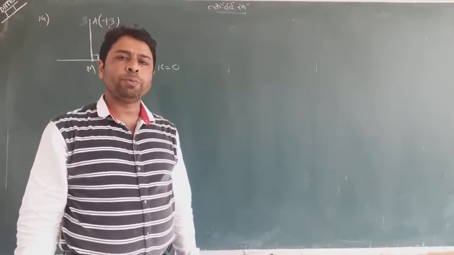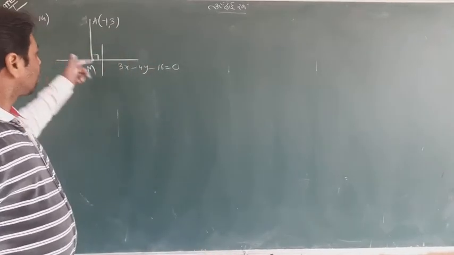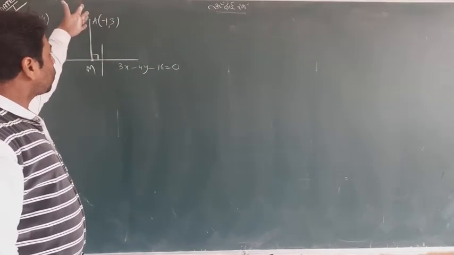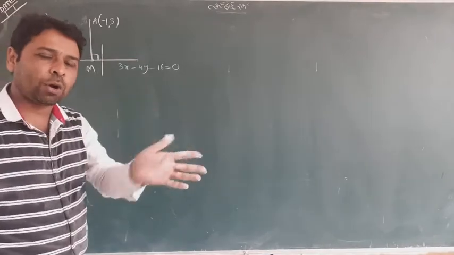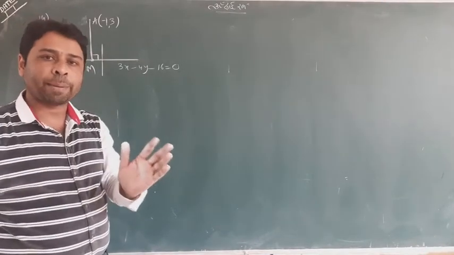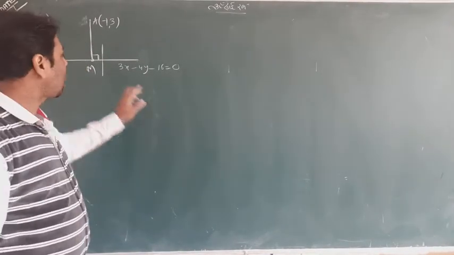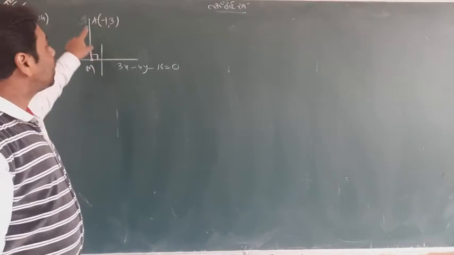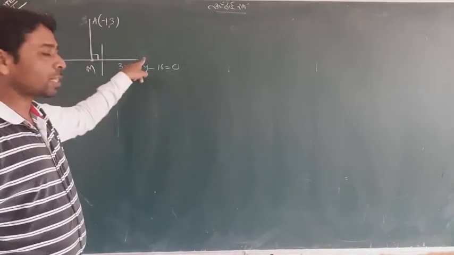So what we will do? In short, we need the equation of AM. Anyhow, we need the equation of AM, and then we can find M, because M will be the intersection point of this line and this line.